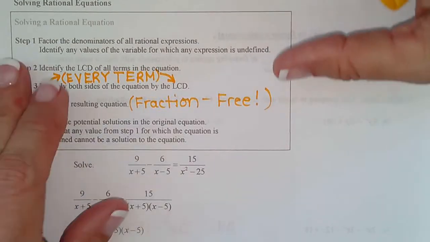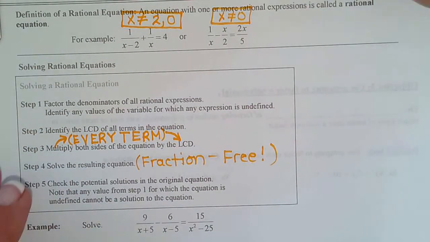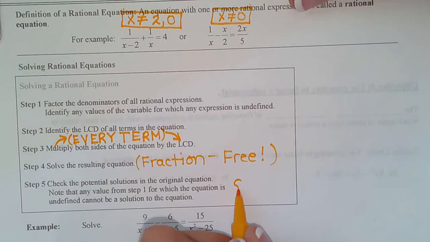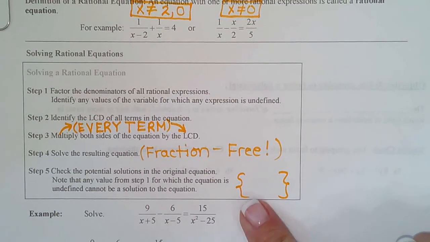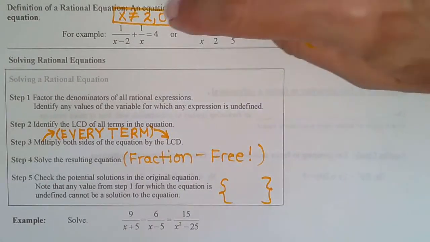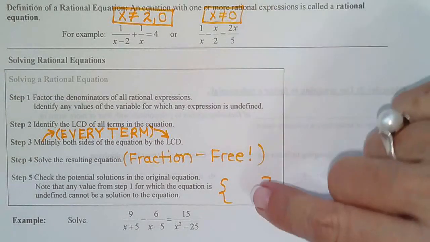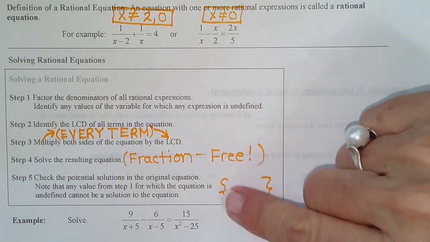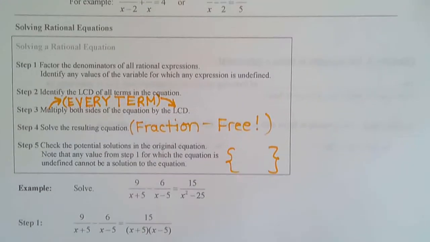Check to make sure none of the answers are in the restriction box, and then put in solution sets whatever answers work. Okay? And this is a must. Why? Because we have to show the reader that we checked up here and made sure they weren't in the restriction box. So these are only the good solutions. None of the extraneous solutions should ever be listed.